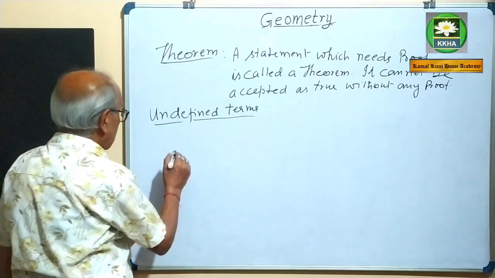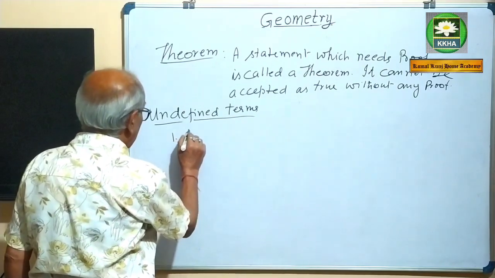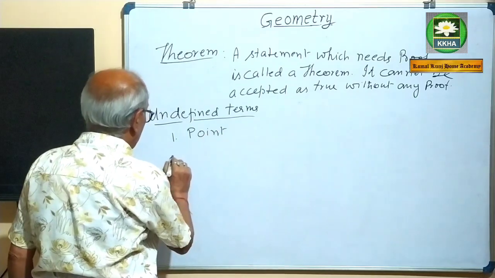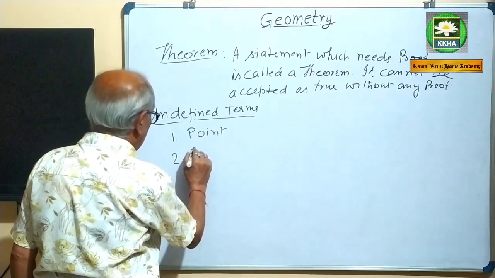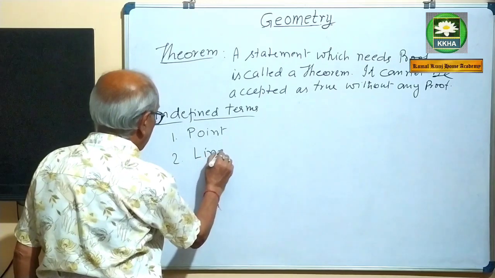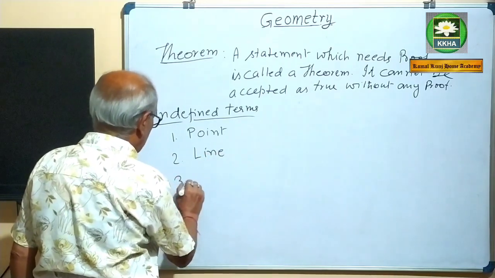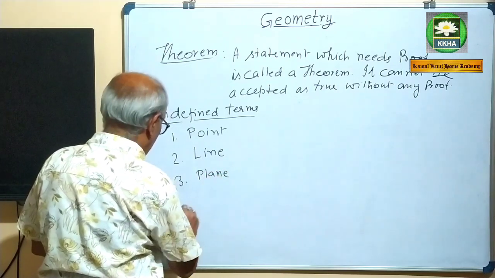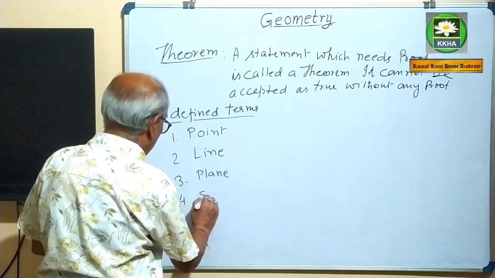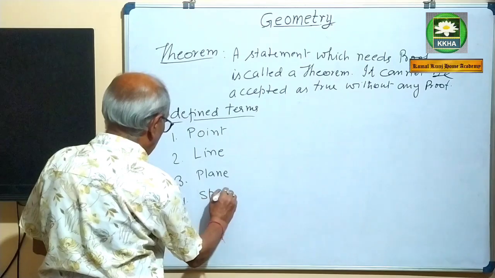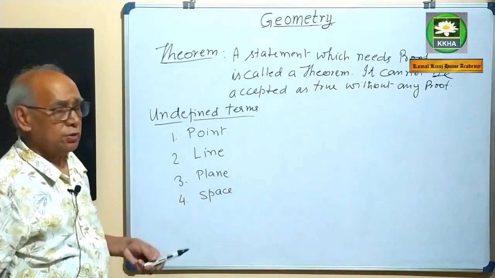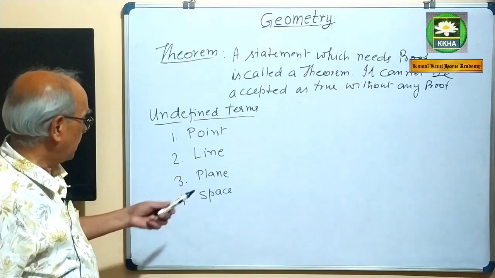Undefined terms are: number 1, point; number 2, line; number 3, plane; and number 4, a space. These are the 4 undefined terms in geometry: point, line, plane, and space.